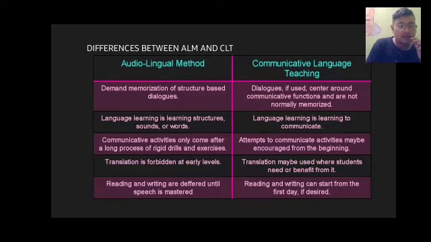In ALM, translation is forbidden at early level. In CLT, translation may be used where students need or benefit from it. And the last, in ALM, reading and writing are delayed until speech is mastered, and in CLT, reading and writing can start from the first day if desired.